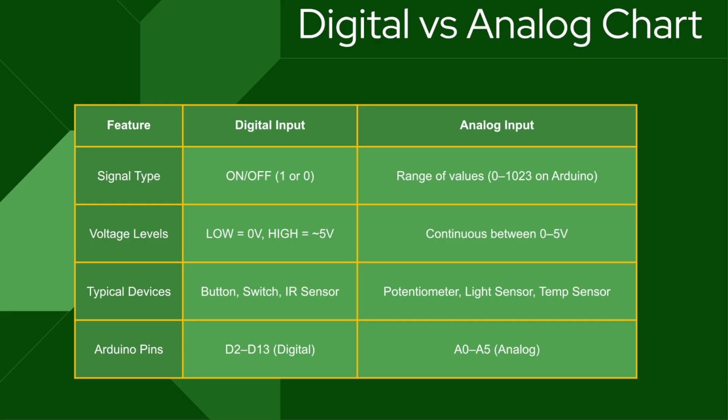We have our range of 0 to 1023, any voltage between 0 and 5. You can see that with a potentiometer, which is just one example. There are so many sensors, and most of the sensors honestly are analog. So this is just a simple chart. You're probably going to be looking back at this a couple of times when you're first looking at an Arduino.